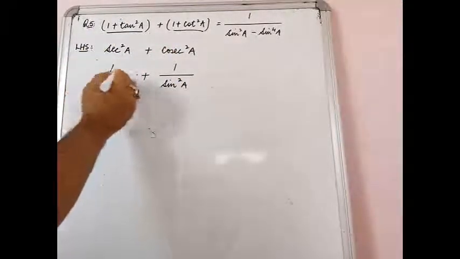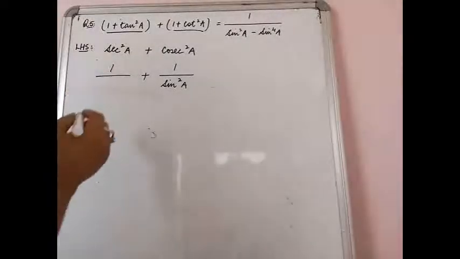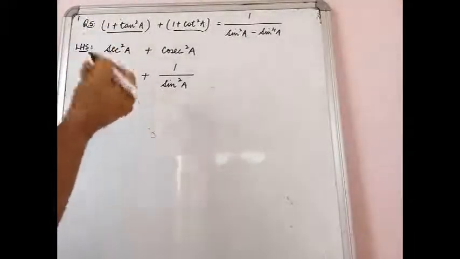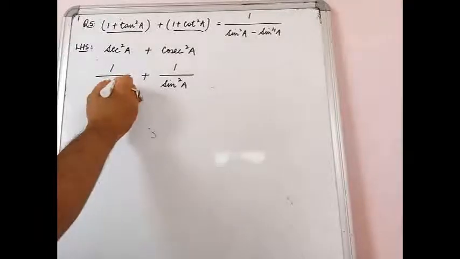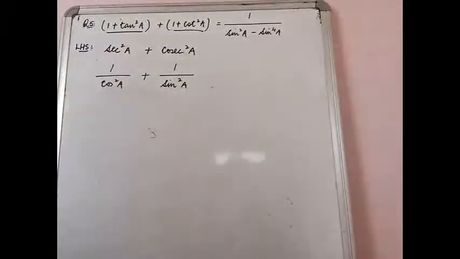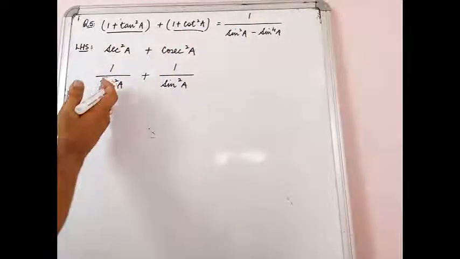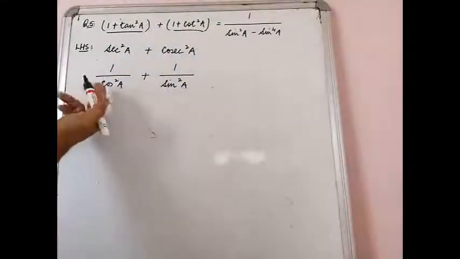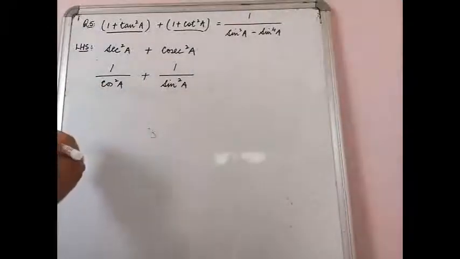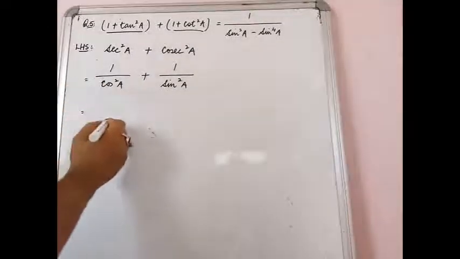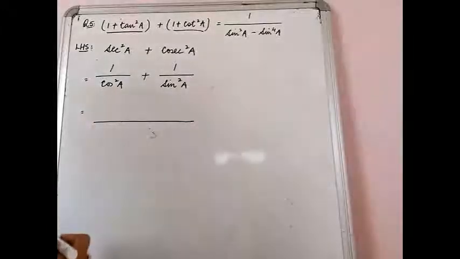This can also be written as sec is reciprocal of cos. So I can write sec square A is equal to 1 upon cos square A. Obviously right now we don't need cos in the right hand side, so we will have to get rid of this cos square.